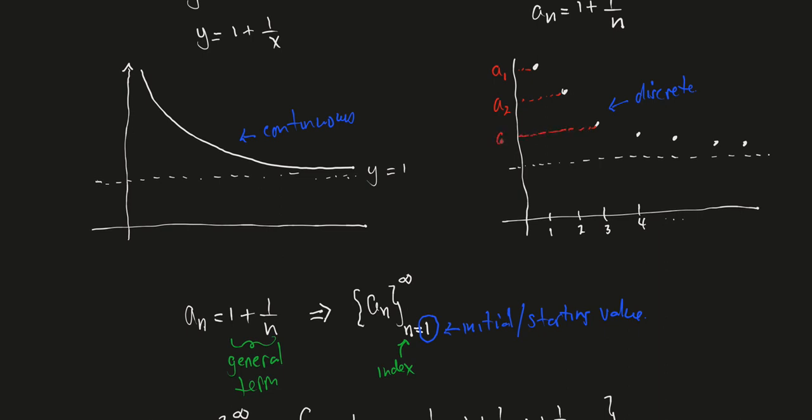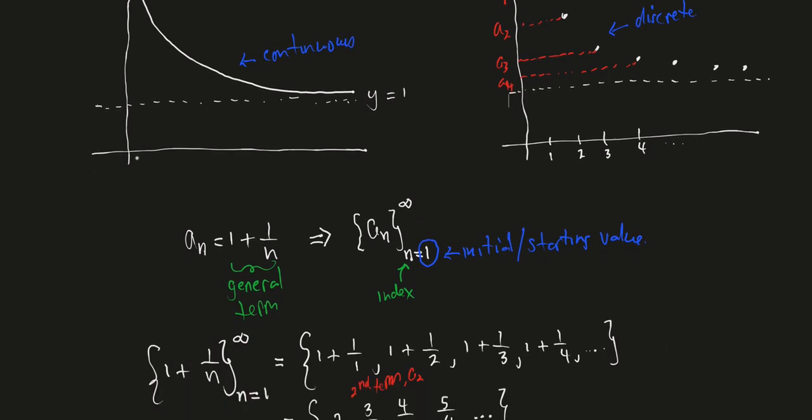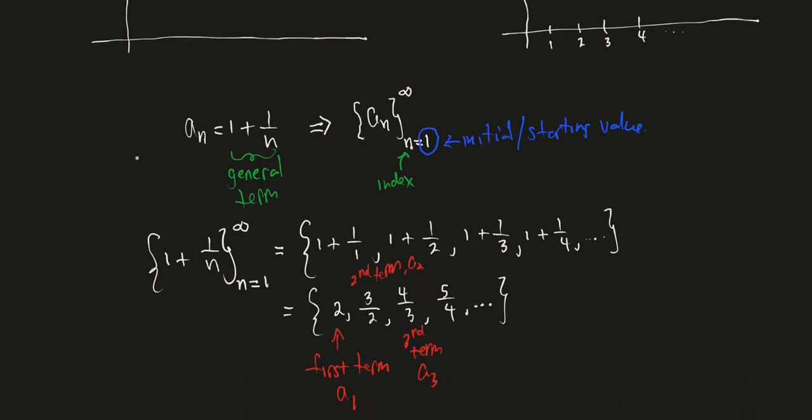This would be a sub 3. This would be a sub 4, and so on. Right? So these would be the function values that correspond to the integers. All right. So let's do another example of this, just a simple one.